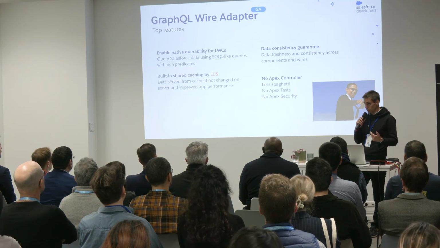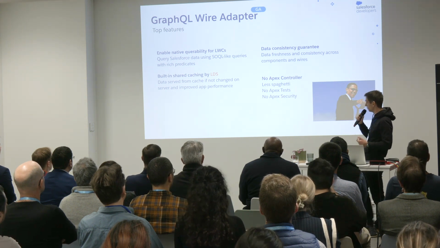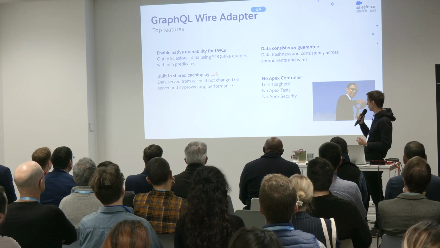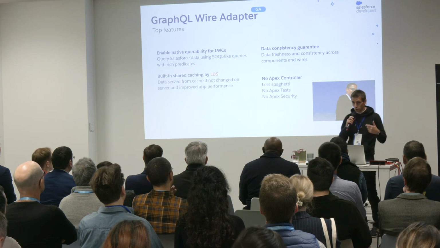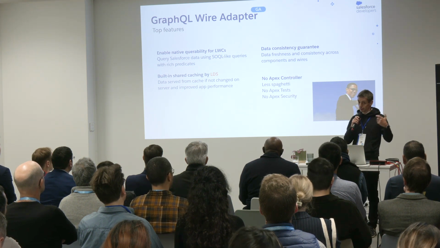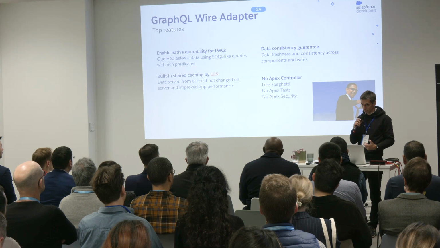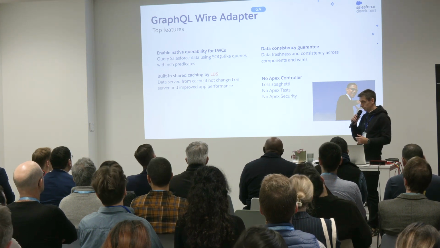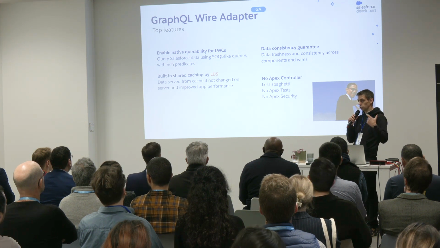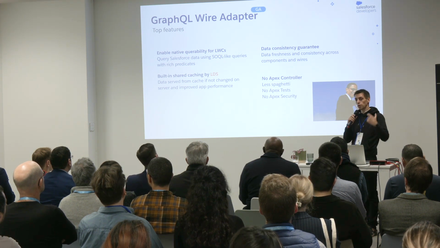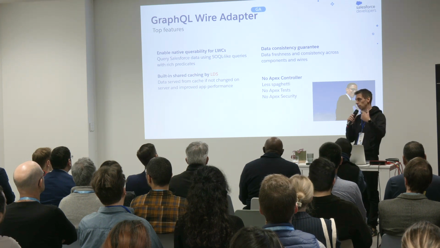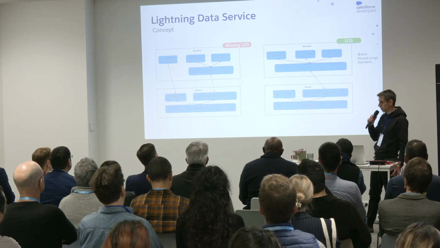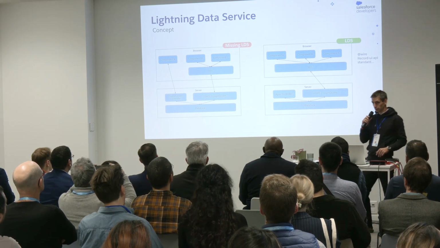The issue with this controller is it's not using the LDS, right? So you have no data consistency. You can have, for example, data in one component that does not update the other one. And we'll see another specific example about that. And it's more spaghetti code, right? Because you have to write your LWC, you have to write your controller, you have to write your Apex test class, and so on and so on. So the wire adapter is taking all of that away.